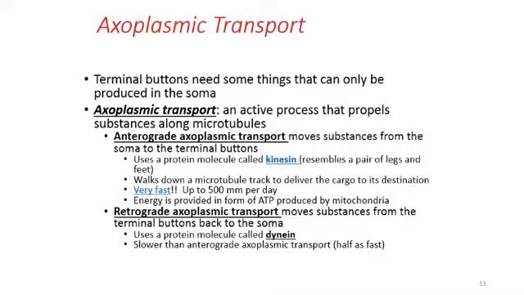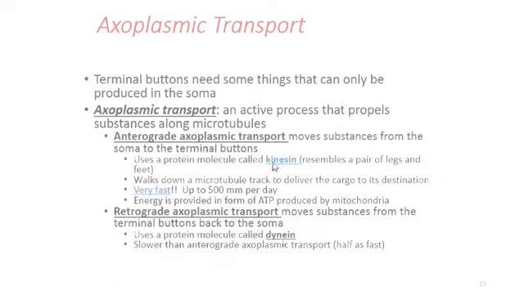And it walks down a microtubule tract to deliver its cargo to the destination, and it's very, very fast in terms of cellular processes. It can move material up to about 500 millimeters per day. And energy is provided in the form of ATP produced by the mitochondria.